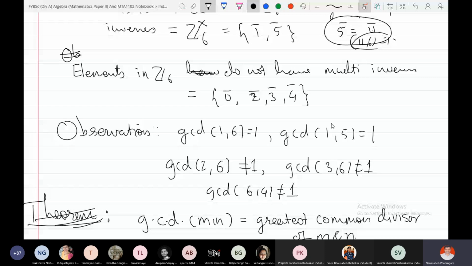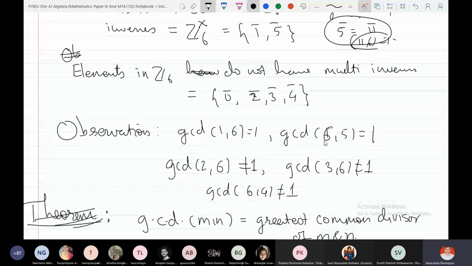GCD of 5 and 6 is 1, right? Correct. Am I right? Yes, sir, understood. And therefore 5 has a multiplicative inverse.